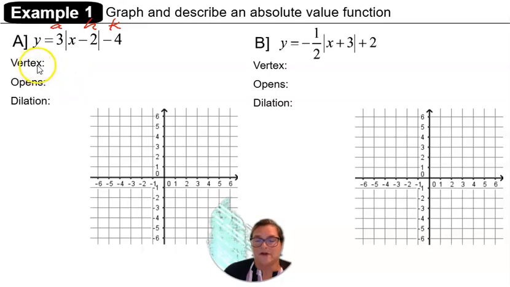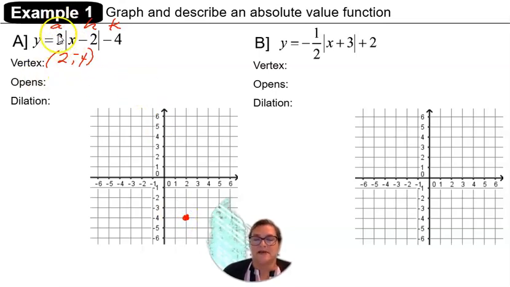Remember that we learned the vertex is located at H, K. So our vertex is going to be at 2, 4. Oh, 2, negative 4, sorry. So we're going to come down to our graph. We're going to go 2 units to the right and down 1, 2, 3, 4. And there's the vertex at 2, negative 4.